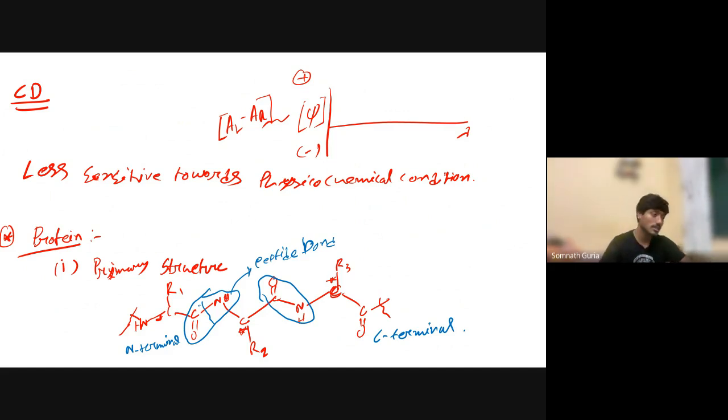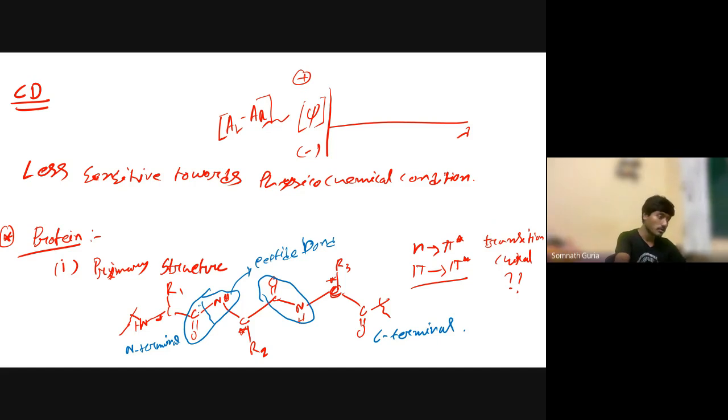But more interestingly, we have the n to pi star transition and the pi to pi star transition. All those transitions are chiral. Now the question is, are all those transitions chiral?